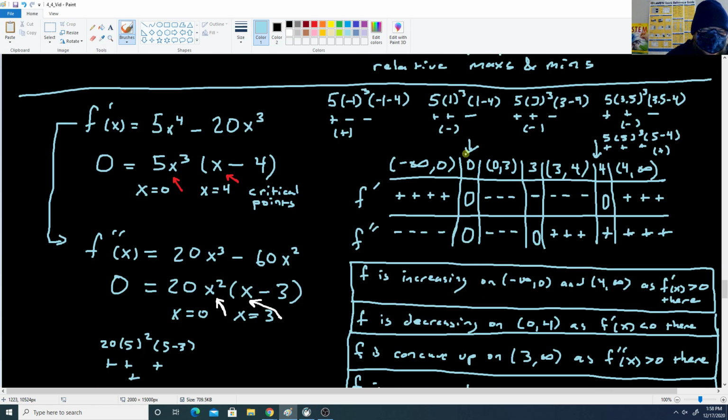Now, the second derivative was inconclusive on this, but we could go back to the first derivative test and say the first derivative changed from positive to negative across the critical point 0, which means if you switch from positive to negative, you're going to create a local max, because this says tangent lines are slope positive, then it's slope 0, then it's slope negative, so it's going to create a local max.